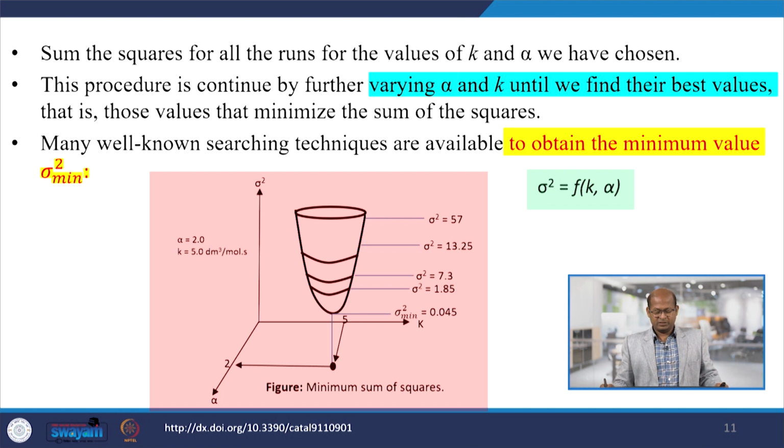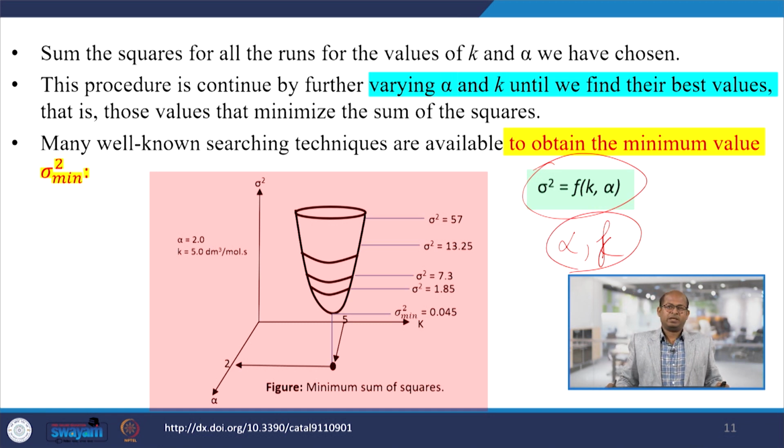find out. But here the sigma square value is very important. Sigma square value depends directly on the values of alpha and k that we put in the rate equations. So, the initial guess, whatever we have guessed, alpha 1.8 and k let us say 0.02, may not be perfect or correct.